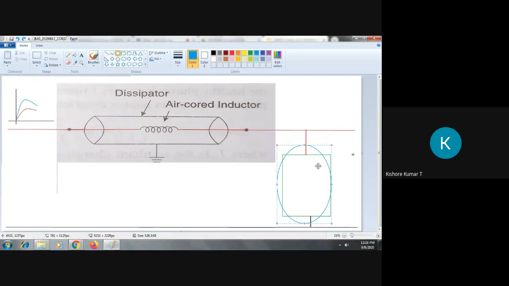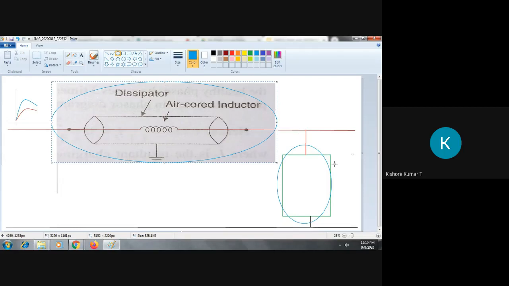The coordination between the insulation level of the equipment which we want to protect and the insulation level of the equipment used to protect it is what we call insulation coordination.